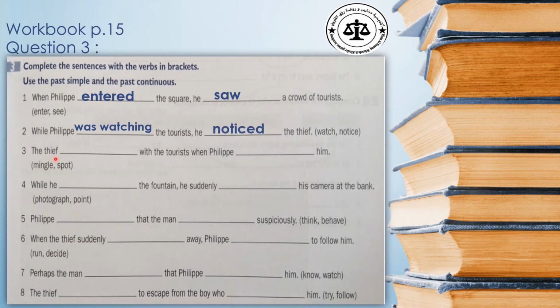Number 3, the thief with the tourists when Philip, what him. So after when we use simple past, and before it we have to use the past continuous. So the thief was mingling with the tourists when Philip spotted him. We double the letter T because it is preceded by a vowel sound.